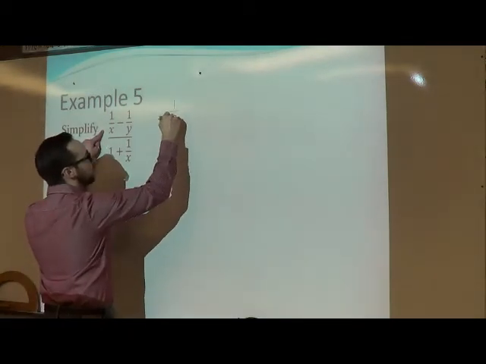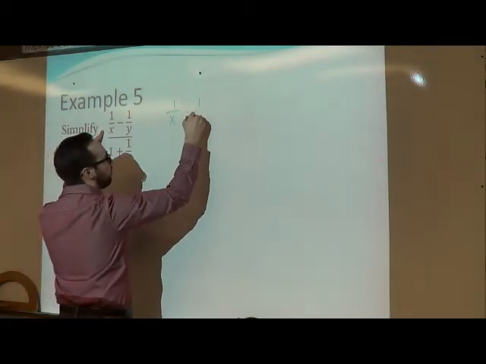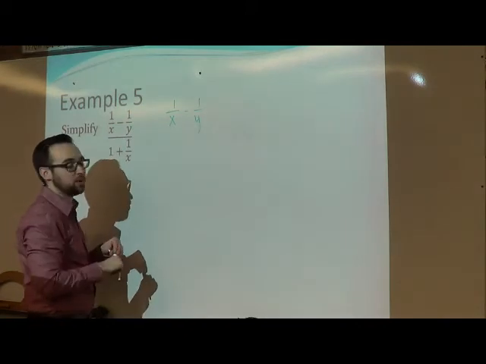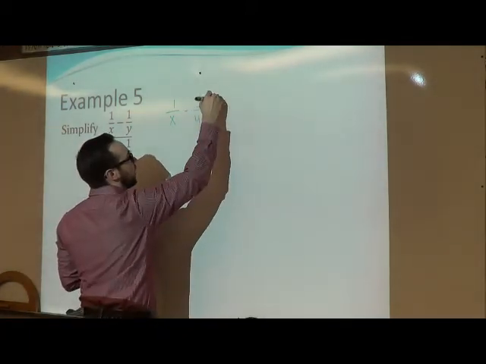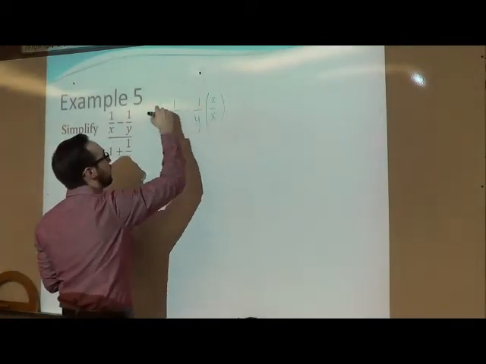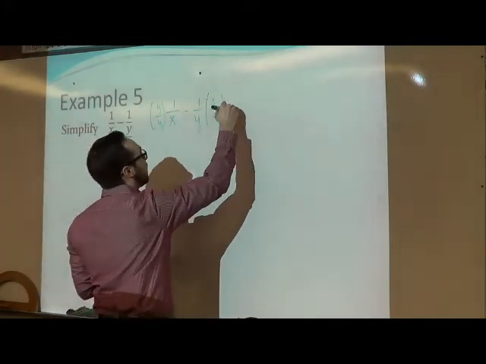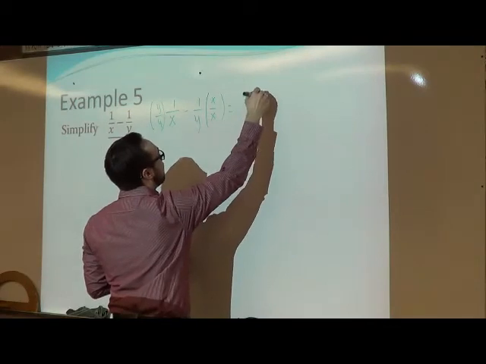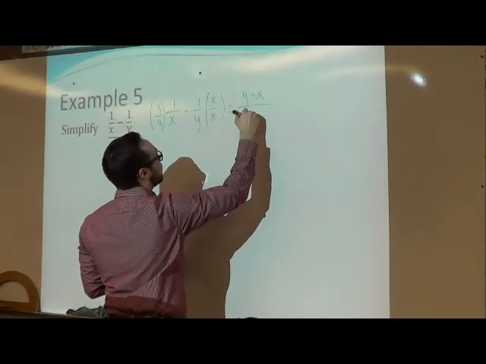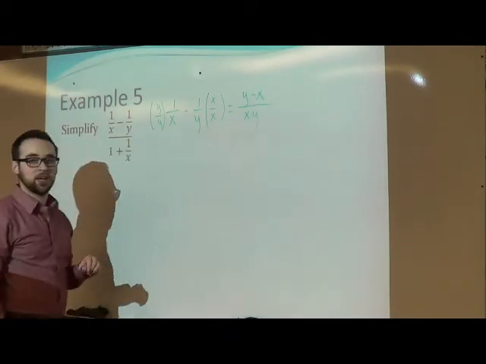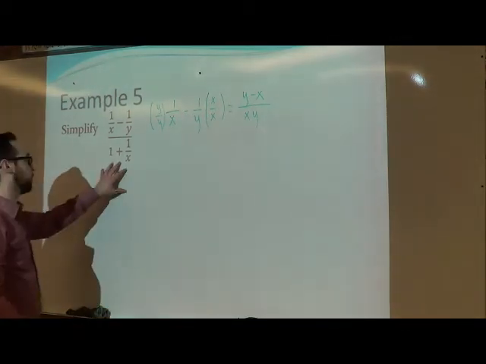So let's work with just the top. If I have 1 over x minus 1 over y, how do I make these have like denominators? I multiply this by x over x, and I multiply this side by y over y. So now this becomes y minus x all over x times y. That's my numerator. Let's work with the denominator.